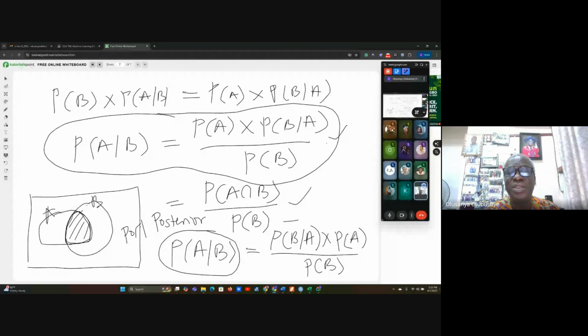When we compute it, it helps us to know whether to change our belief or to retain our belief. This one is what we call the likelihood. This one is called the prior. This one is called the total probability.